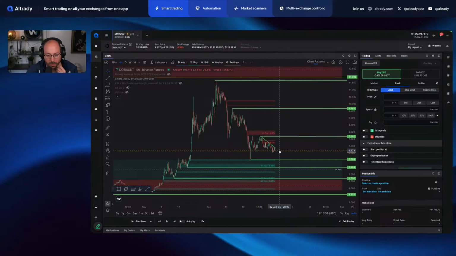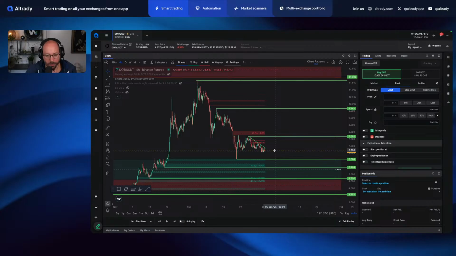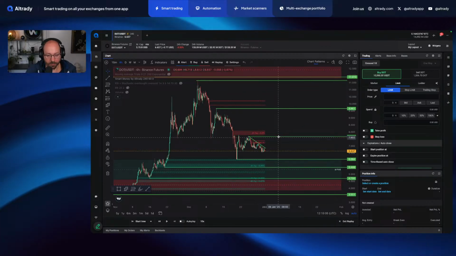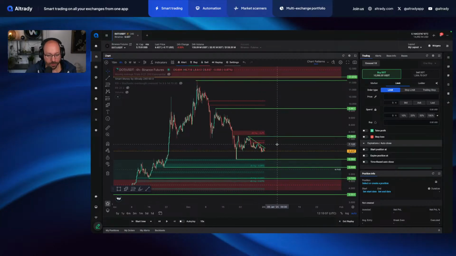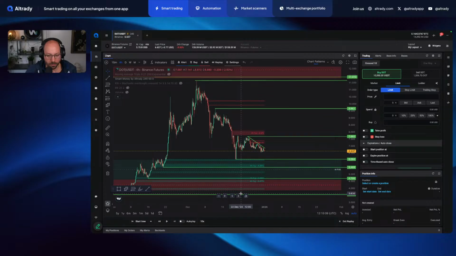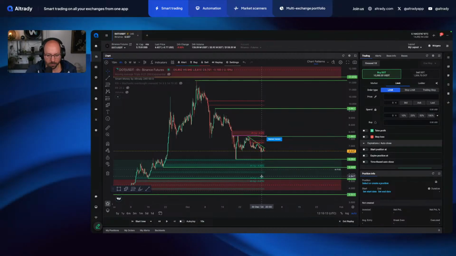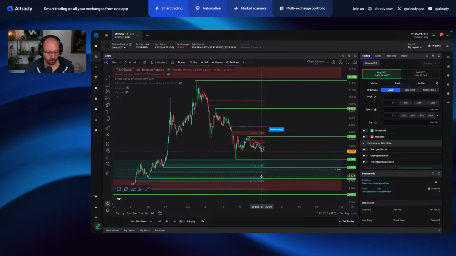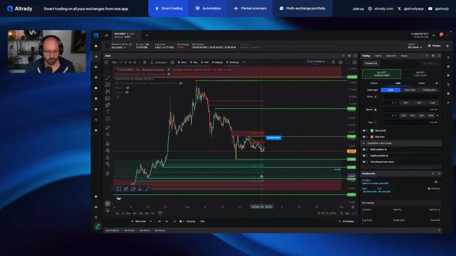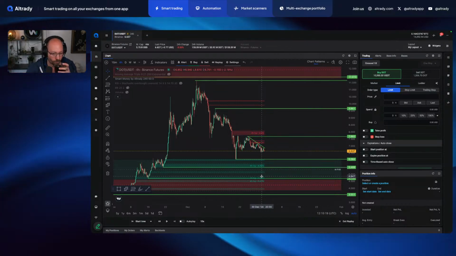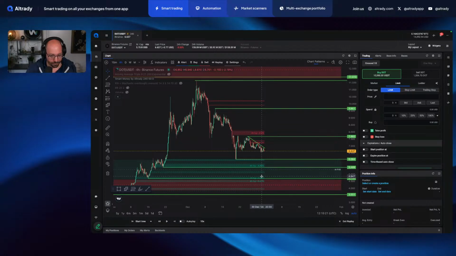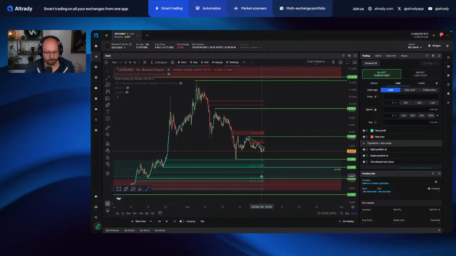So short term, this might actually be a little bit of a correction going to the top first. Also this kind of compression paired with daily fair value gap here and 4 hour fair value gap, so it is a huge magnet for the price to get there.